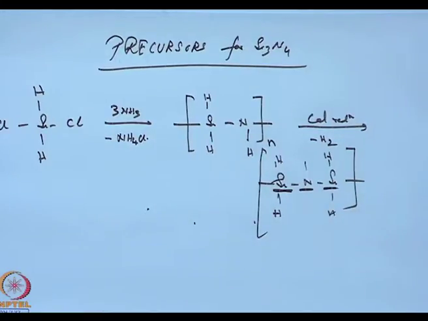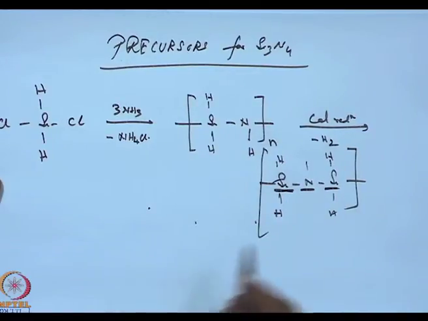And when this is pyrolyzed in an inert atmosphere, you get silicon nitride.